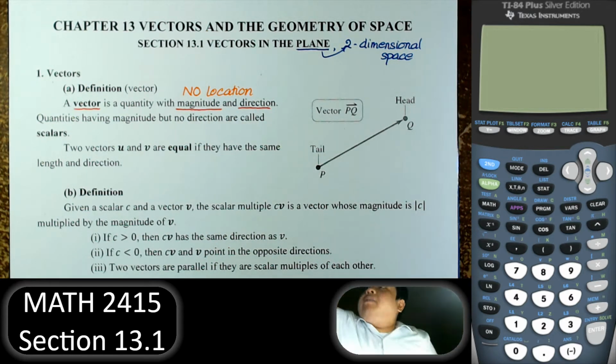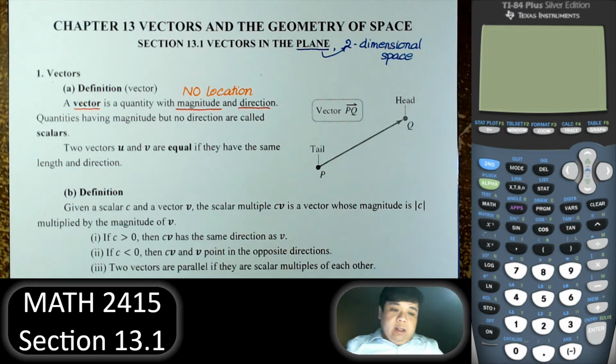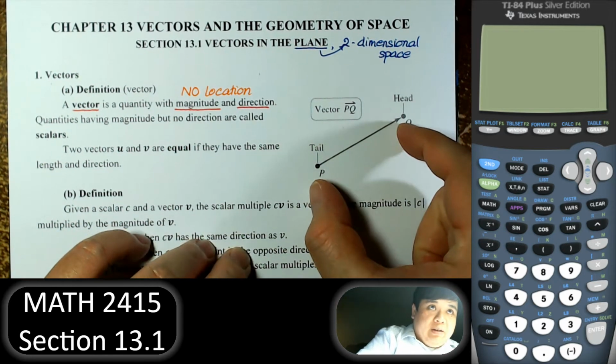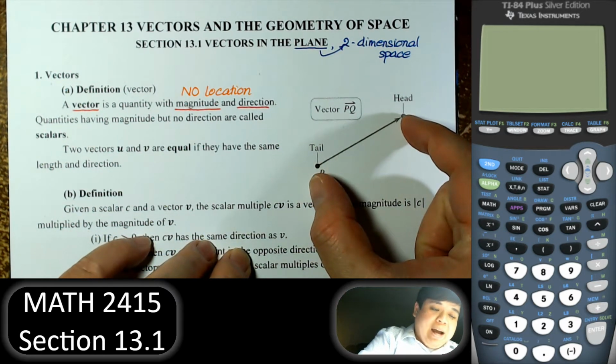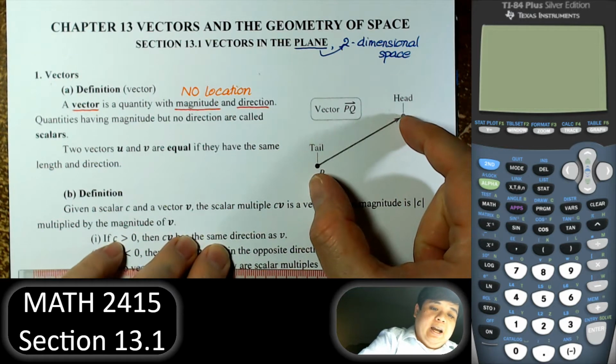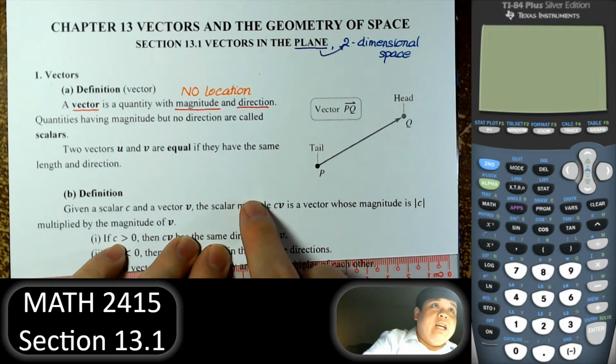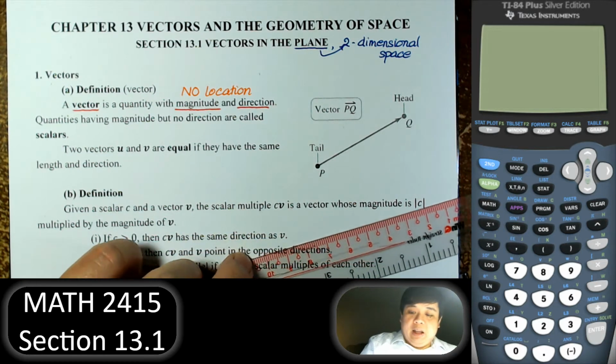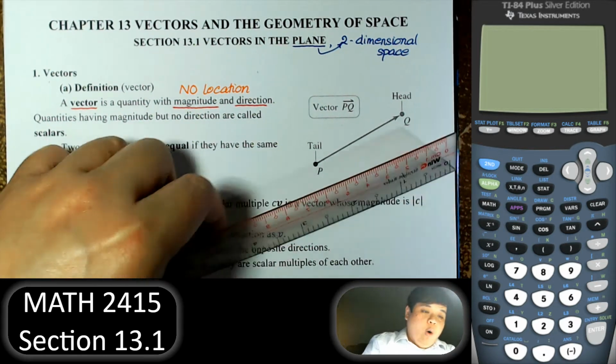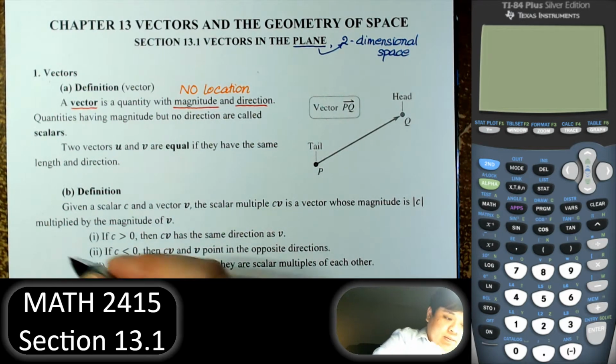Meaning that if we have the vector, we will have the length or the magnitude and then the direction. And two vectors are equal if they have the same length and direction. Length or magnitude are the same.